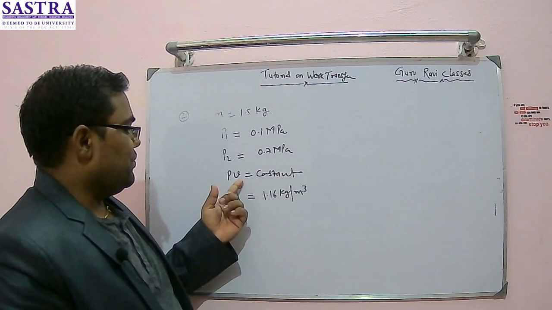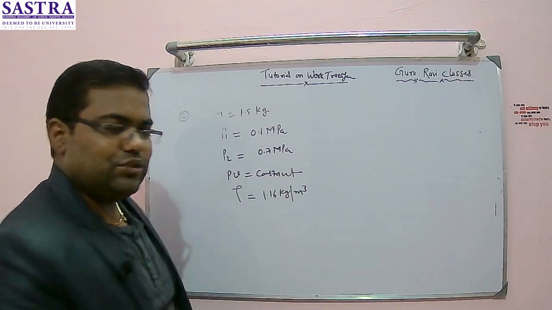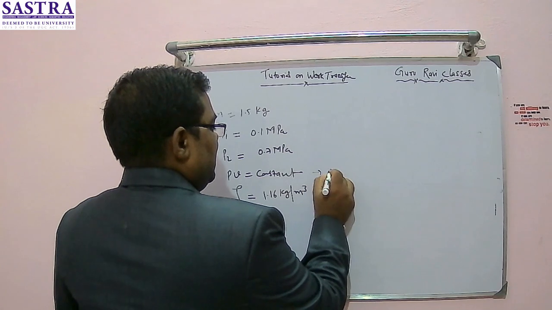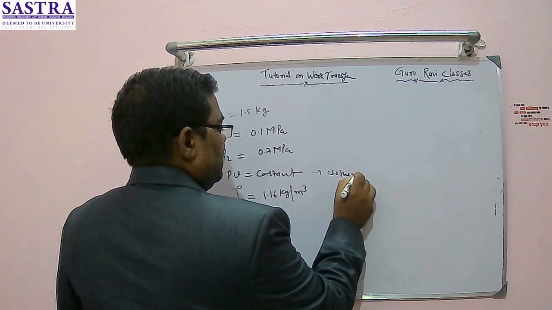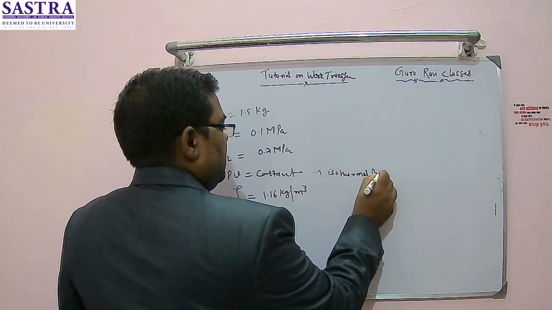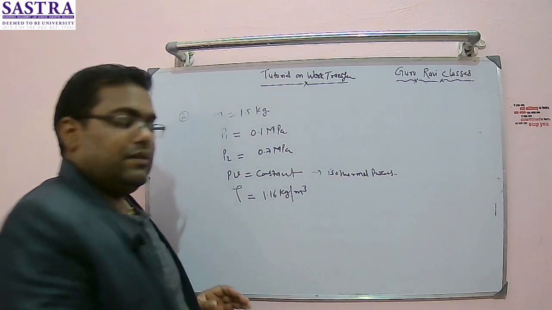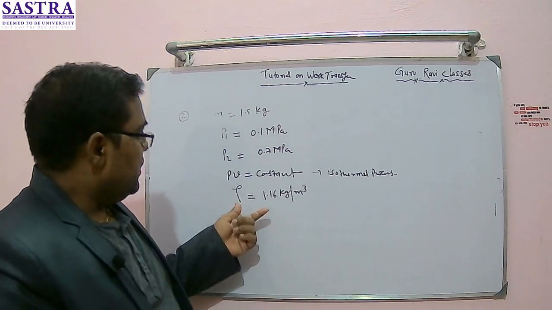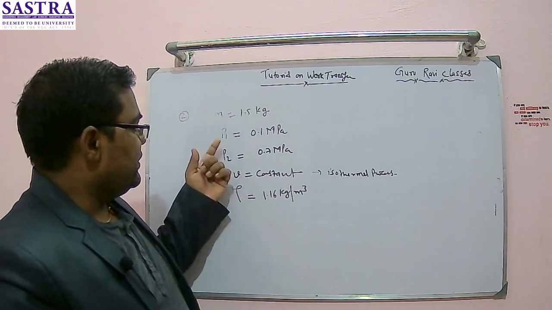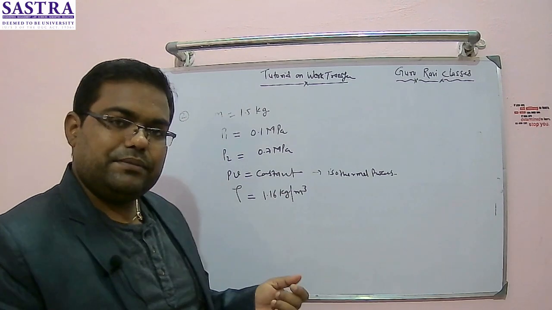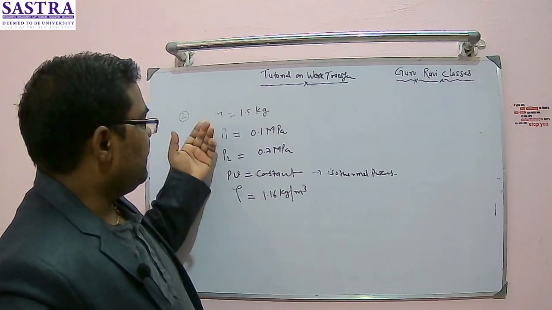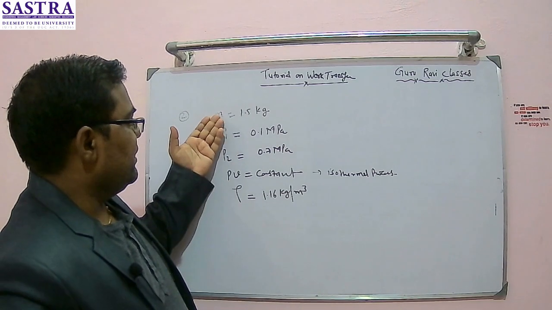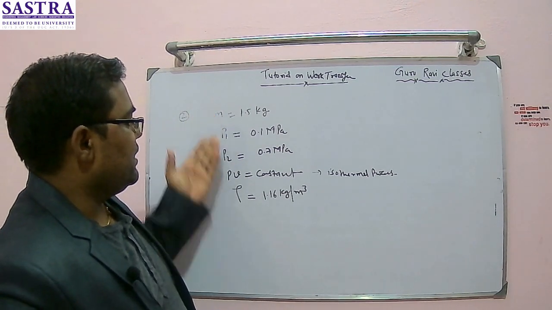So this process is what? Basically PV is equal to constant is an isothermal process. Now look here, initial pressure and final pressure are given. If somebody wants to get the initial volume, it can be calculated from mass and density.